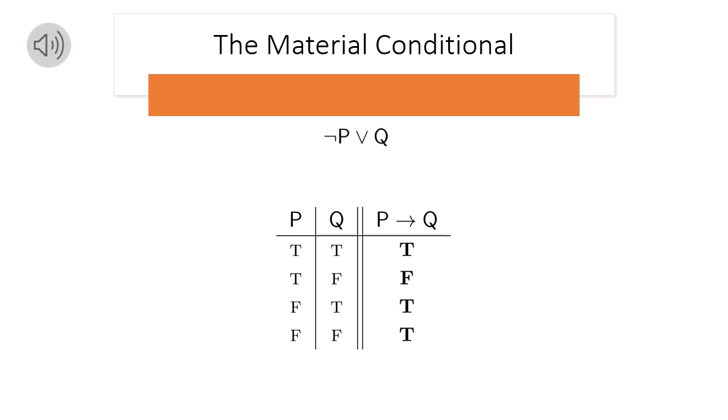Now, as we said previously, the disjunction and negation are truth functionally complete. So this connective, the conditional, can be rewritten in terms of the negation and the disjunction. And it's pretty straightforward to see how to do that.